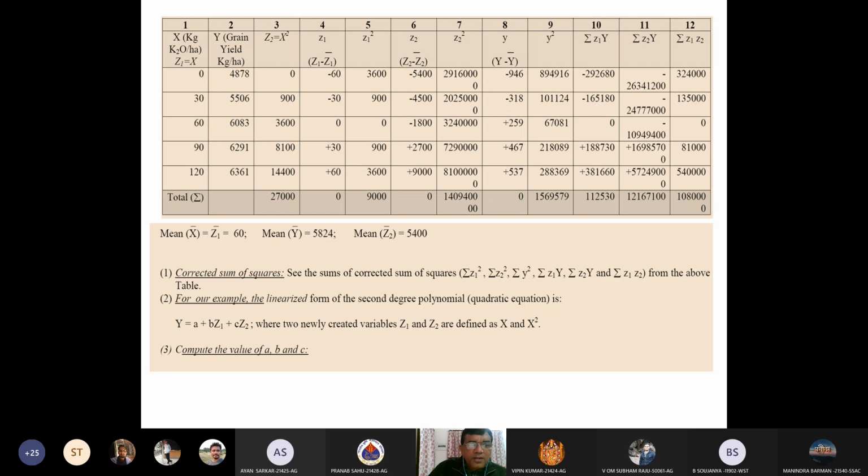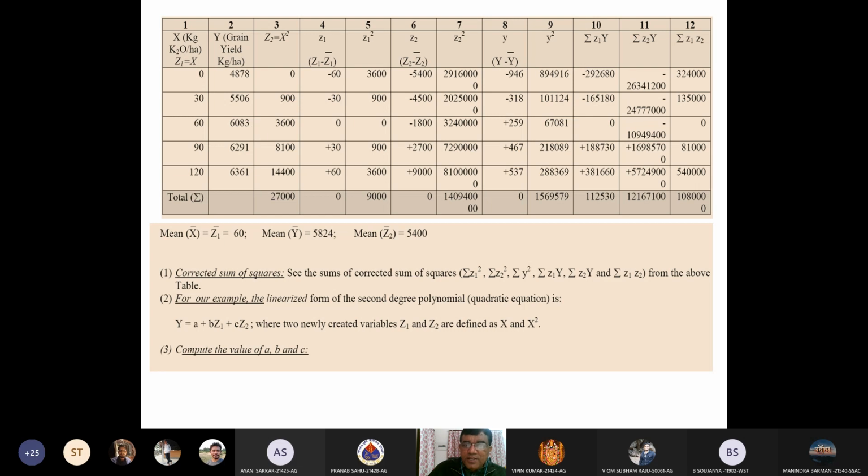So see number 1, corrected sums of squares are required. They are listed here: summation small z1 square, z2 square and so on. Number 2 is, for our example, the linearized form of the second degree polynomial. So with a certain relationship, this quadratic equation has been converted into a linear equation.